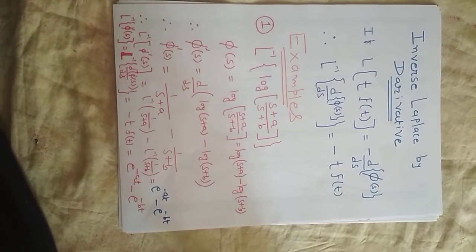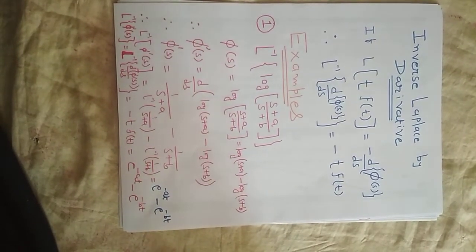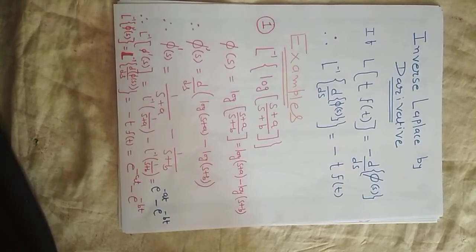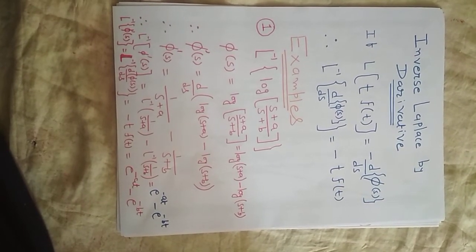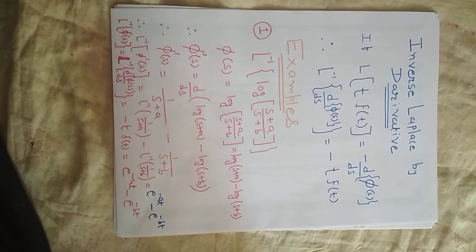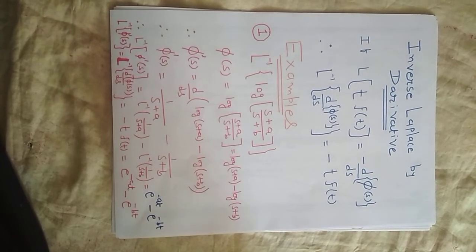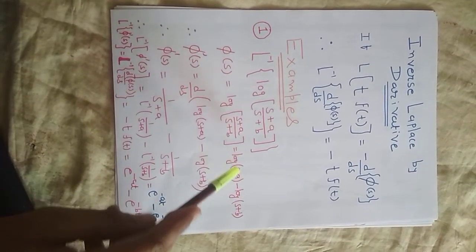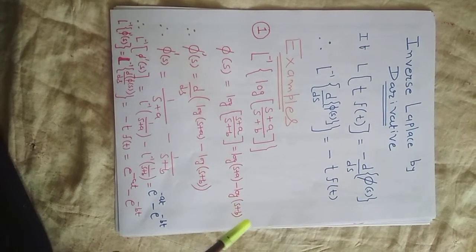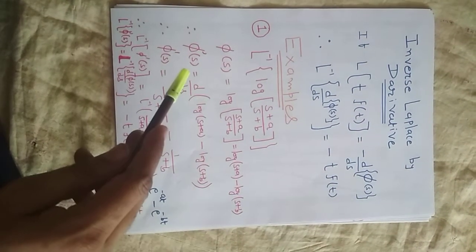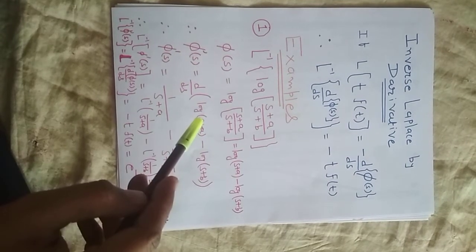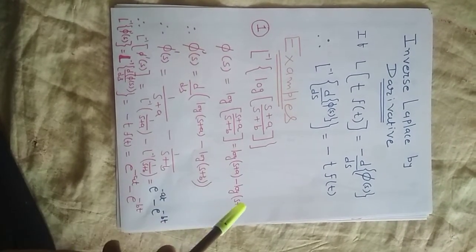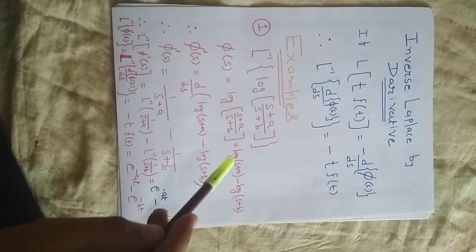First, we will take the first example, log of (s plus a) upon (s plus b). So phi of s is equal to log of (s plus a) upon (s plus b), equal to log of (s plus a) minus log of (s plus b). Now differentiate both sides with respect to s, because we don't know the inverse Laplace of this part.